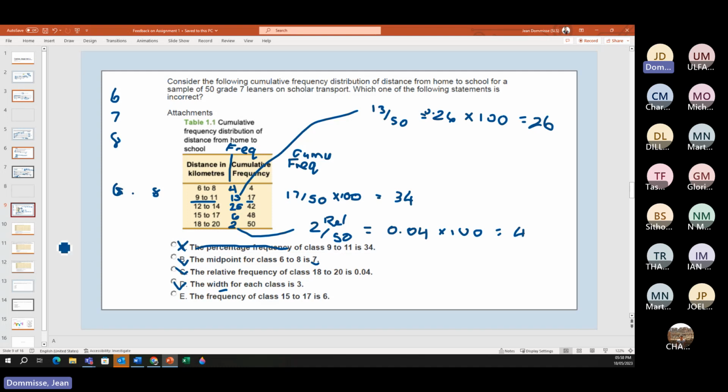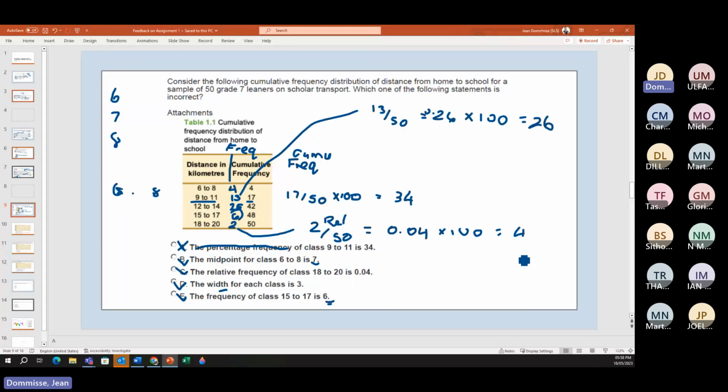And then the frequency of class 15 to 17, the frequency we looked at, it was 6. Relative frequency would have been 6 divided by 50. If we wanted to say cumulative frequency, it would have been 48.